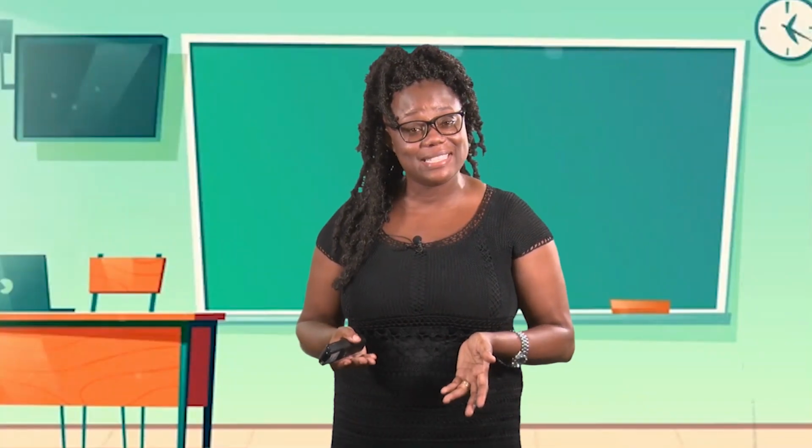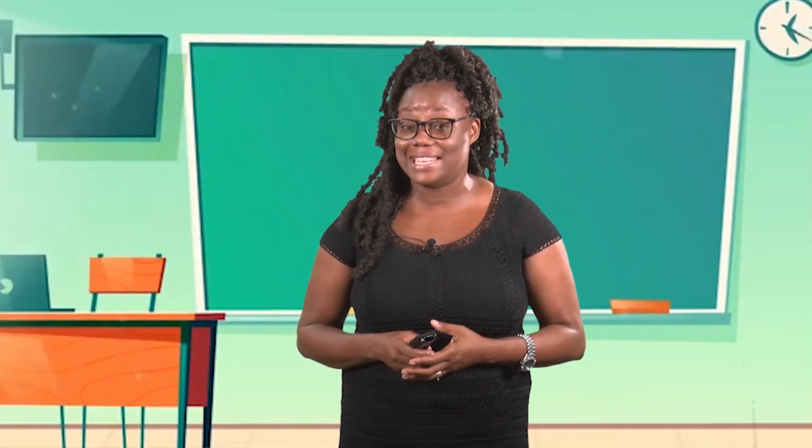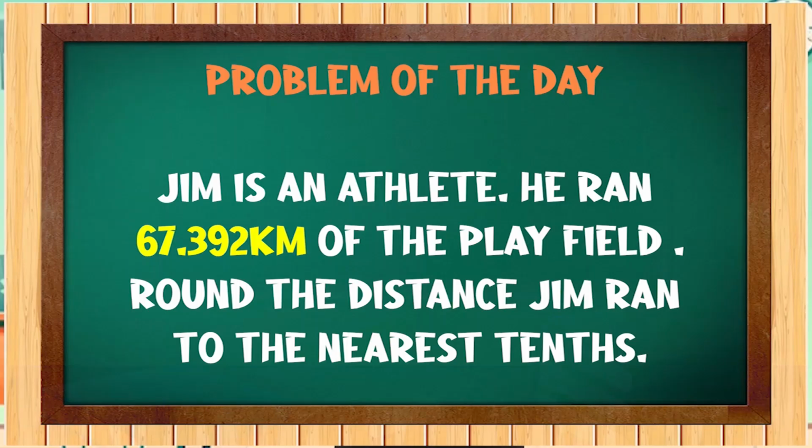Today's problem is, Jim is an athlete. He ran 67.392 kilometers of the play field. Round the distance Jim ran to the nearest tenths.